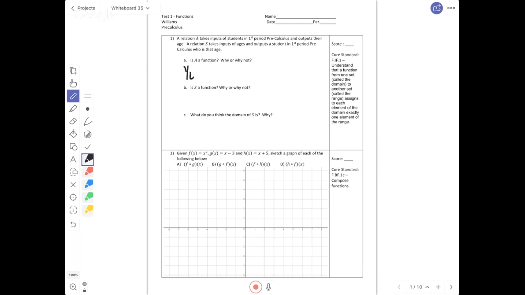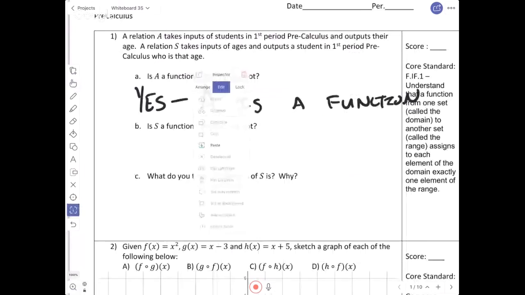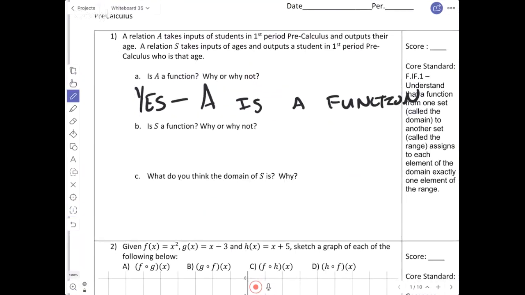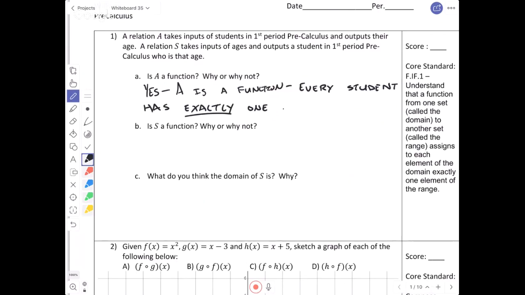So that means yes, A is a function. Every student has exactly one age. You cannot be two ages at once.